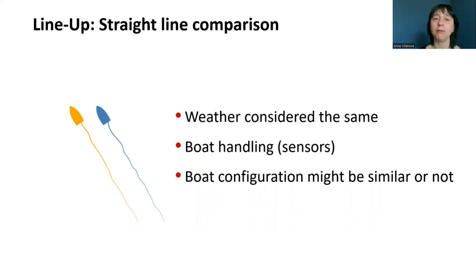Another factor that you can evaluate is the boat handling, and there the maneuvers can be captured, you expect, by the sensors. And finally, it might be that you have two different boat configurations, such that you can also evaluate how good is the matching between the sailor and the boat's configuration.